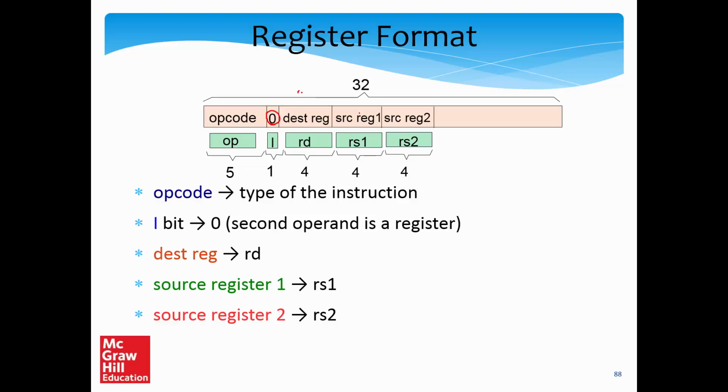Then we need to specify RD, which is the destination register, the first source register, and the second source register. So each of these is 4 bits because we have 16 registers. So it will take 4 bits to encode them. We'll have 4 bits each. So the total number of bits is 5 plus 1, 6, plus 4, 10, 14, and 18, which is fine. So we were able to encode such kind of instructions in 18 bits, which is less than 32. So we will refer to this particular encoding format as the register format.